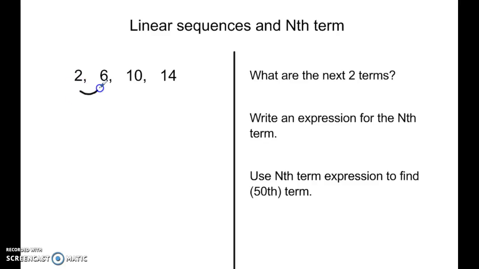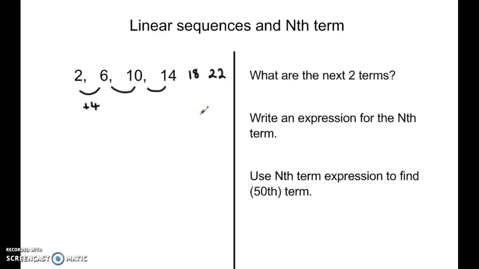From term to term, have we seen the pattern already? This is going up by 4. So if we were to extend that sequence, the next would be 18, and the one after that would be 22. So pretty straightforward mark there.